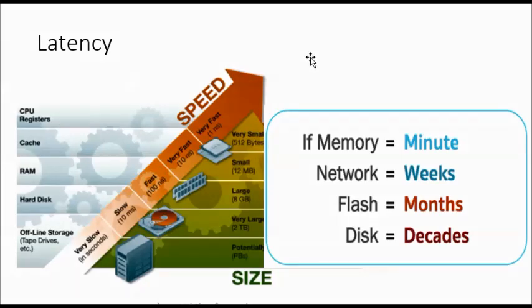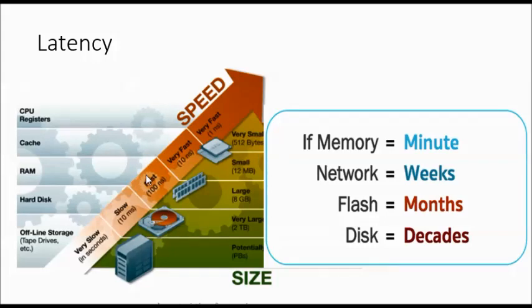To understand this, you need to understand what we mean by latency. Latency is how long a component within the system takes to respond to a request by another component. For example, how long does RAM take to respond to a request by the CPU? RAM has a latency of about 100 nanoseconds. So CPU to cache to RAM is a factor of 10 each.